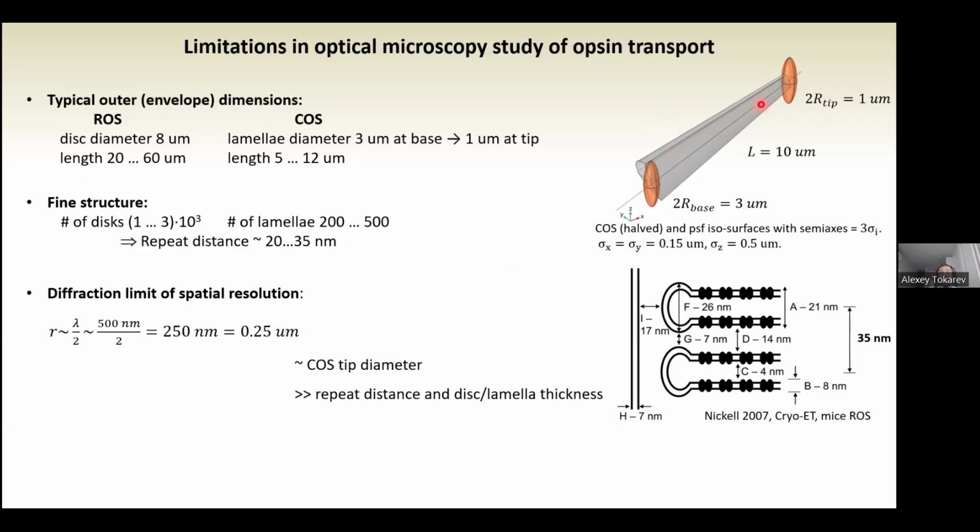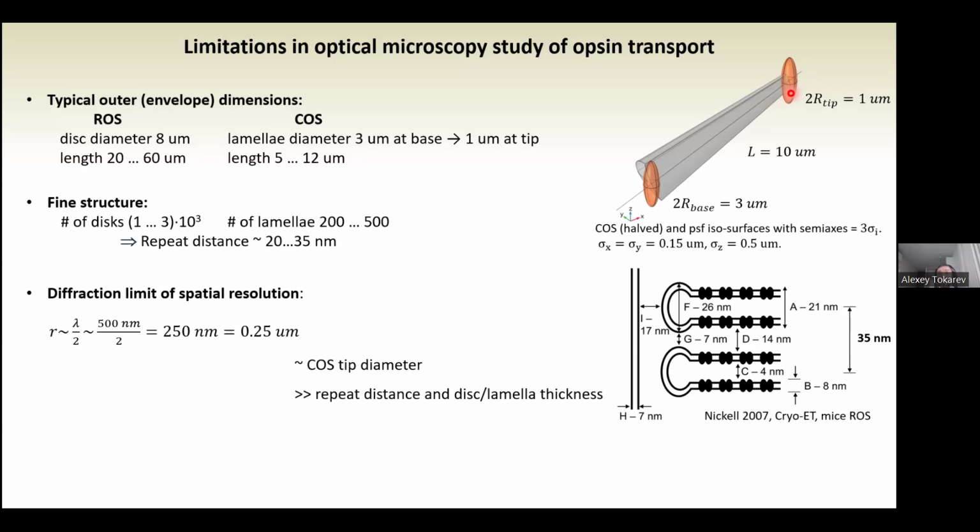And for example, the diameter of the tip of the outer segment is about 1 micrometer. Okay, so here I plot the so-called point spread function. This is an ellipsoid of uncertainty. So we cannot resolve any two points whose distance between them is below the dimensions of this ellipsoid.